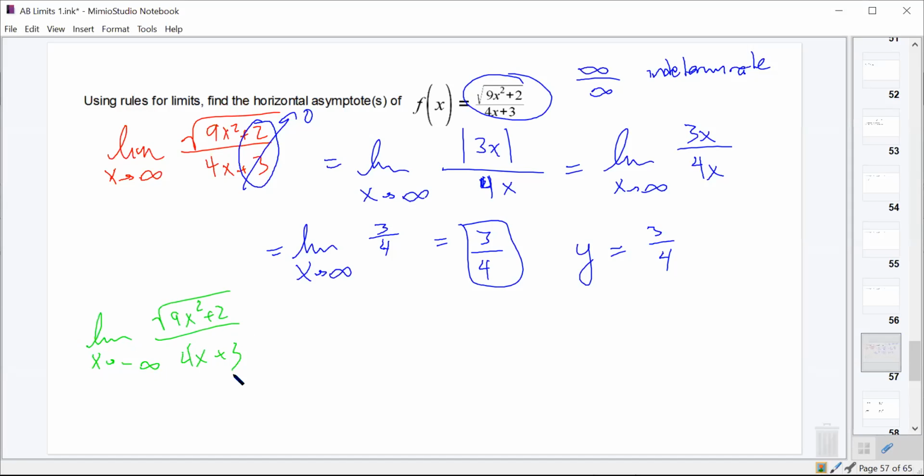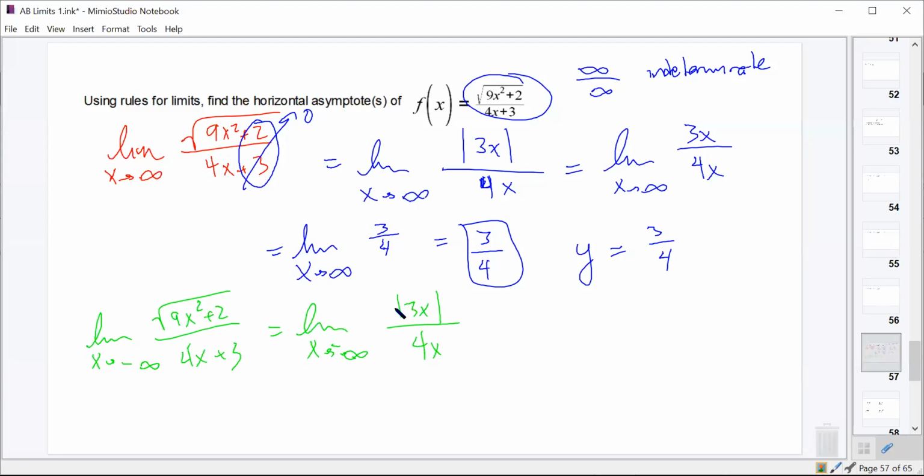Yeah. So if we simplify the 9x squared plus 2 or the 4x plus 3 back down to this absolute value of 3x over 4x, now what's the value or what's the sign of 3x?